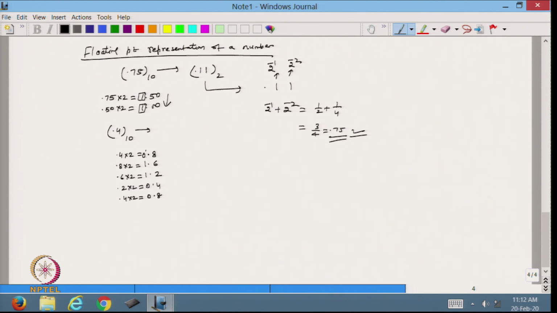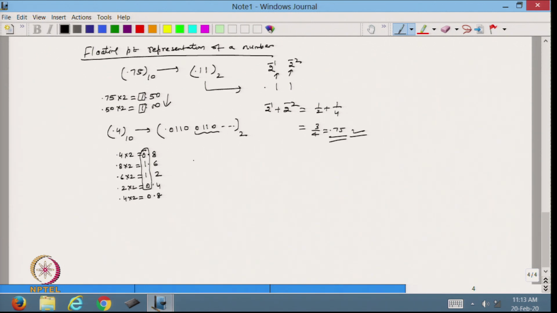It means this is the binary form we can take. So I can write from here that it will be 0.0110, then again 0110, then again. So this is the recurring relation, and that is the representation of 0.4 from decimal form to binary form.